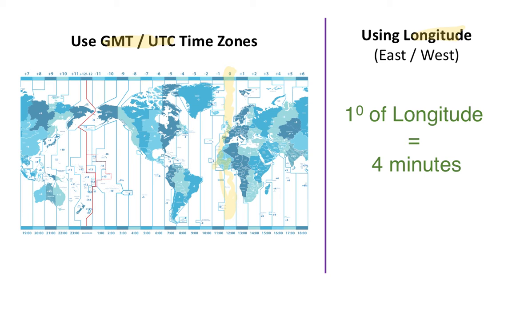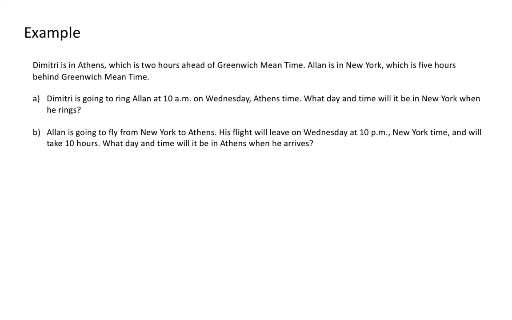So let's have a look at how we can apply this to time and travel to be able to solve a problem. In the example, we have Dimitri, who's in Athens, and Athens is 2 hours ahead of Greenwich Mean Time, or GMT. Alan is in New York, which is 5 hours behind our Greenwich Mean Time.